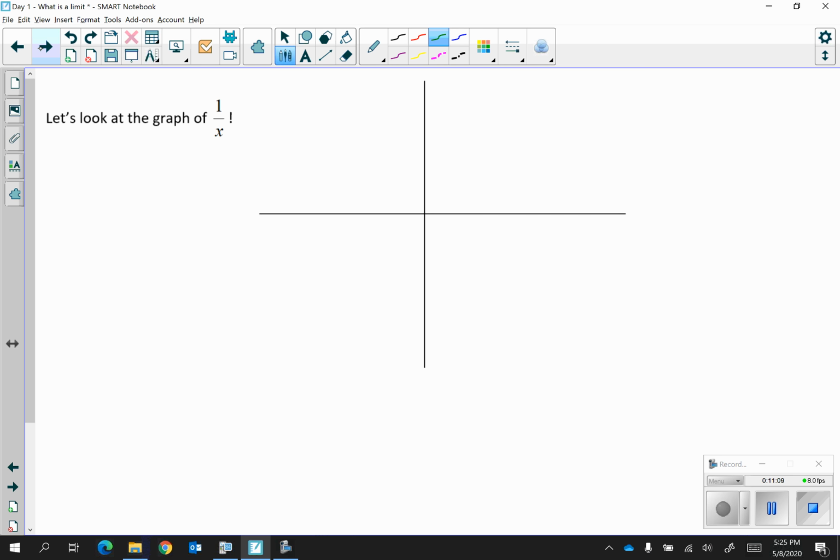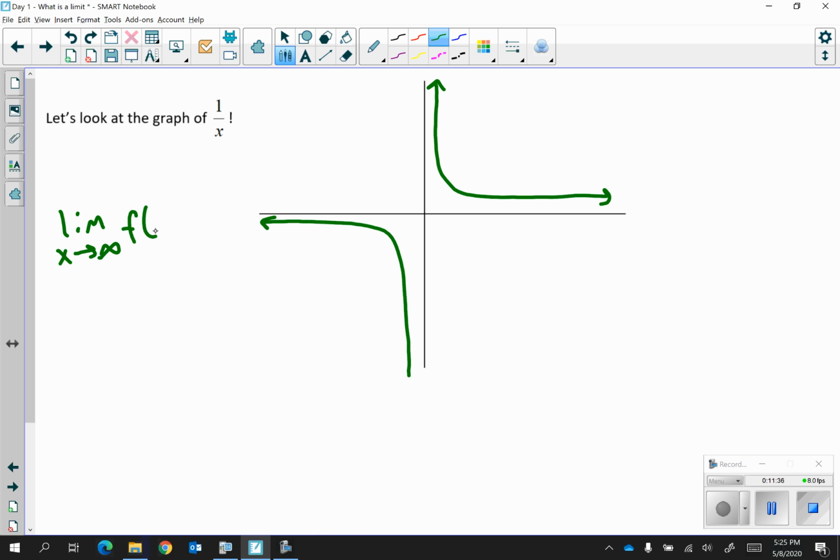Now, if you were to actually put this graph in the calculator, hopefully you'd remember what this function looks like. Not like that. Now, with this graph, we're talking about the limit as x goes to infinity of f of x.